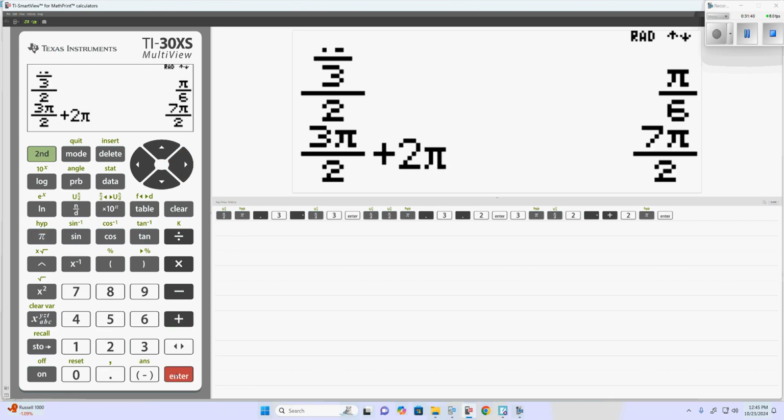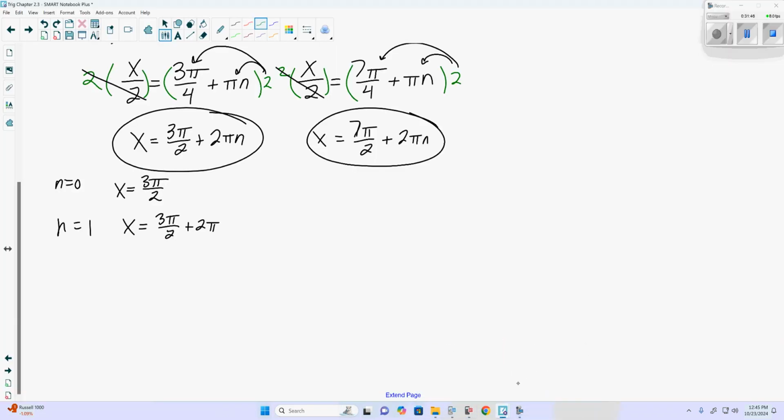Seven pi over 2, that's way too big, so it's not included. Really, for this here, most likely it's just going to end up being just the 1. And 7 pi over 2 is actually way too big, so that ends up being the same.